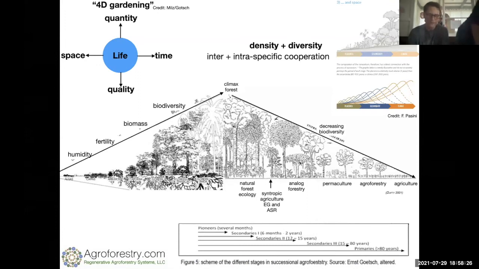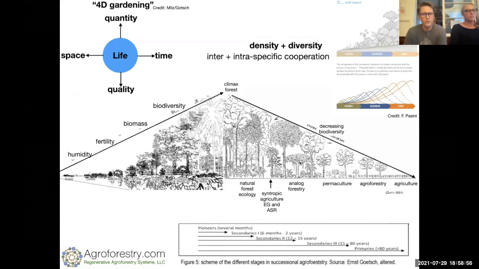Slowly but surely, in succession, organisms would come in that would create microclimate, create habitat, and allow for something else to ultimately replace that thing, something that was more lush, demanding, and long-lived. It's usually a pretty slow process, and can take a few hundred years to get up to the climax stage.